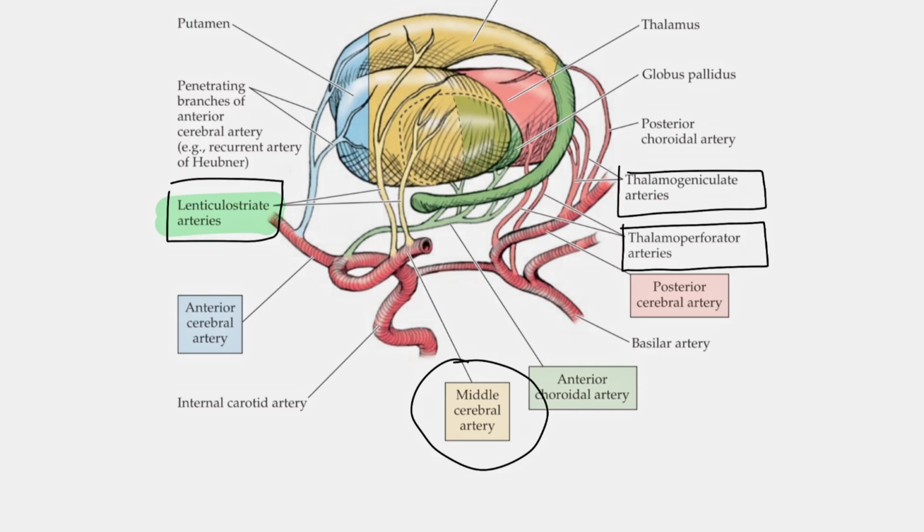As the name suggests, they're supplying the thalamus, which is the main sensory relay of the brain. So any lesion in these two arteries will have a sensory component, like a pure sensory stroke, and that comes from the posterior cerebral artery.